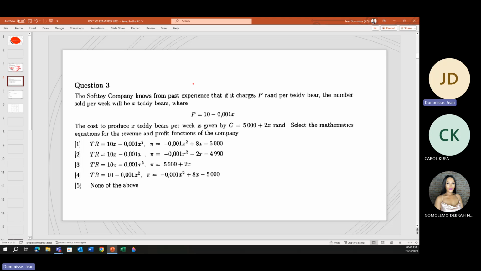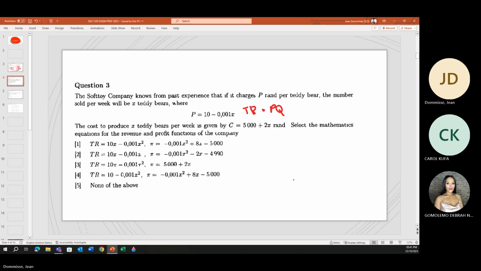So we looked at the software company, knows from past experience that if it charges P Rand per teddy bear, the number sold per week will be X teddy bears. Okay, and then they tell us where P is equal to that. The cost to produce X teddy bears per week is given by that. So we know that your total revenue is P times Q. Remember that formula.